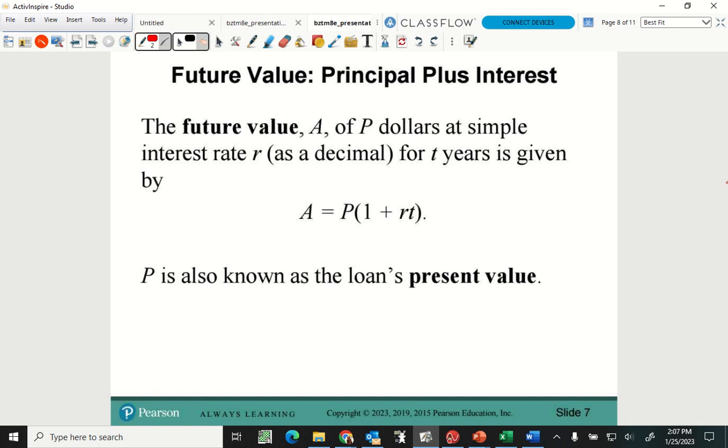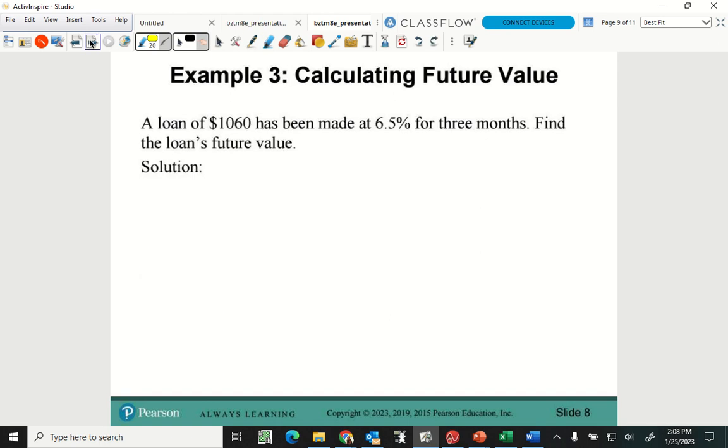So, future value is principal plus interest. Future value A, so now it's a different variable. A, P dollars, simple interest rate R as a decimal for T years given by this. P is also known as the loan's present value.